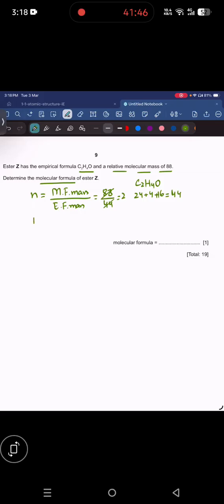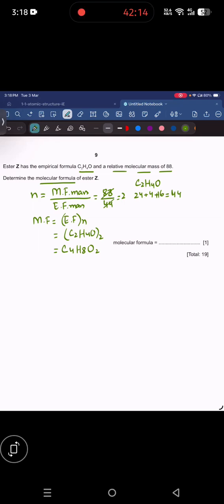So molecular formula is equal to empirical formula multiplied by n. C2H4O multiplied by 2, you will get the answer C4H8O2.